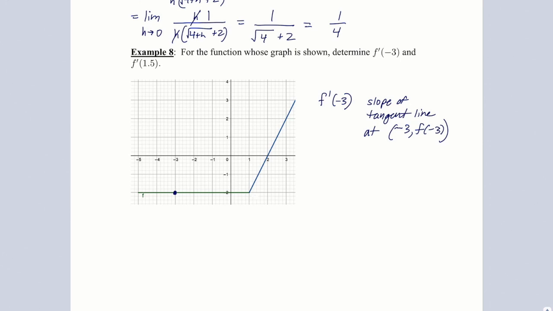And so for a linear function, the slope of the tangent line is just the slope of the line, because the tangent line would actually just be the same as the line itself.